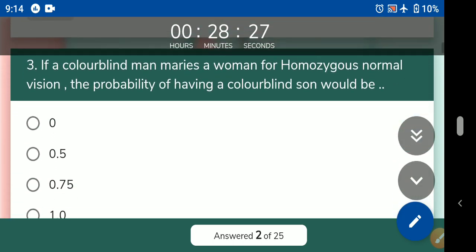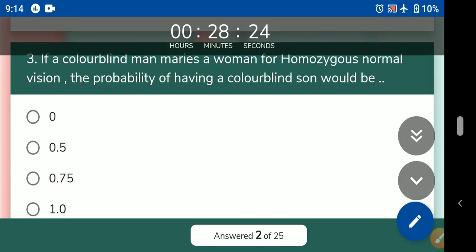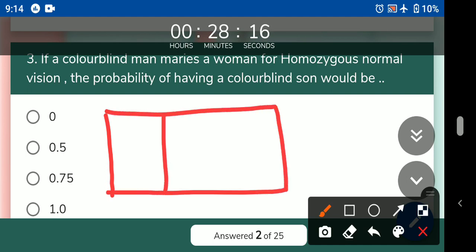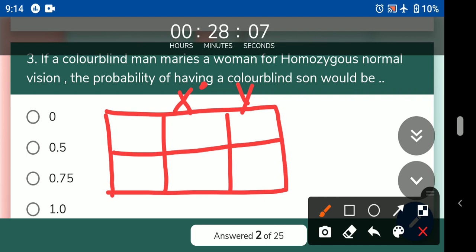Our third question is, if a colorblind man marries a woman with homozygous normal vision. So let's discuss this one. Colorblind man and female is normal.